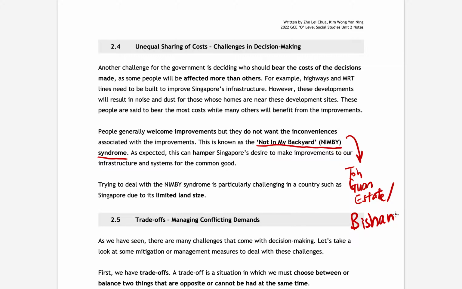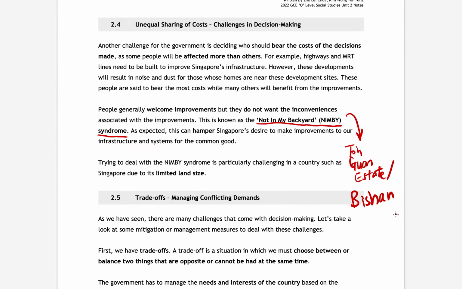So every square kilometer of land, every acre of land to Singapore is very, very precious. Okay, with more NIMBY syndrome, perhaps these lands that can be used to host a lot of different things that will benefit people end up not being able to be used because the residents don't like the inconvenience that comes with it. Okay, yeah, so there is unequal sharing, of course.